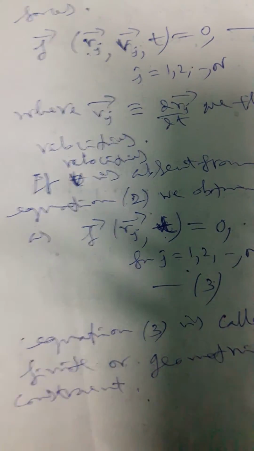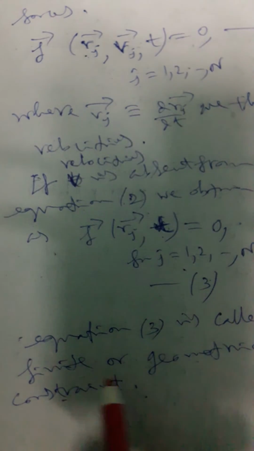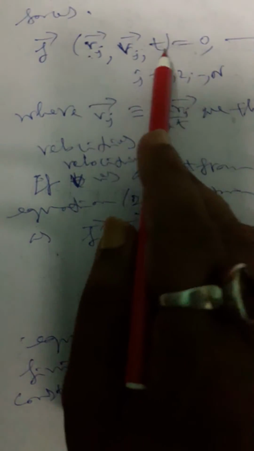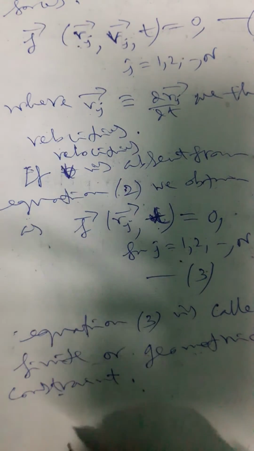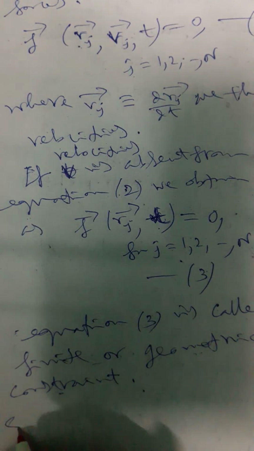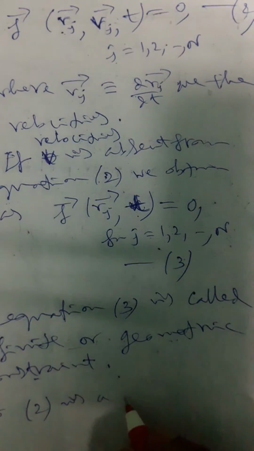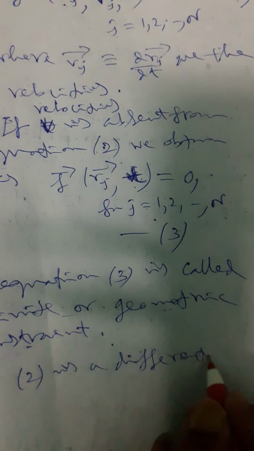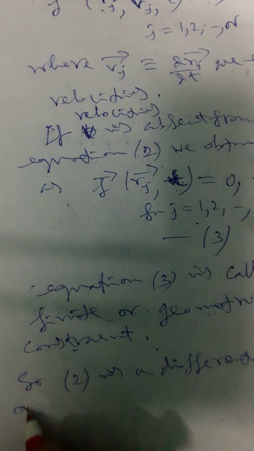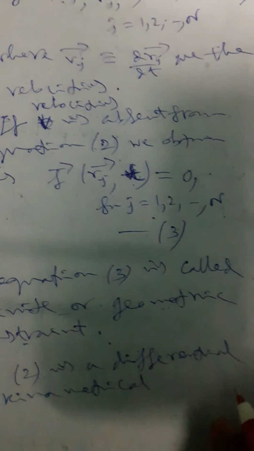And if t is present in the equation, that means it takes the shape of equation number 2, then these constraints are called differential or kinematical constraints. So equation 2 is a differential or kinematical constraint.